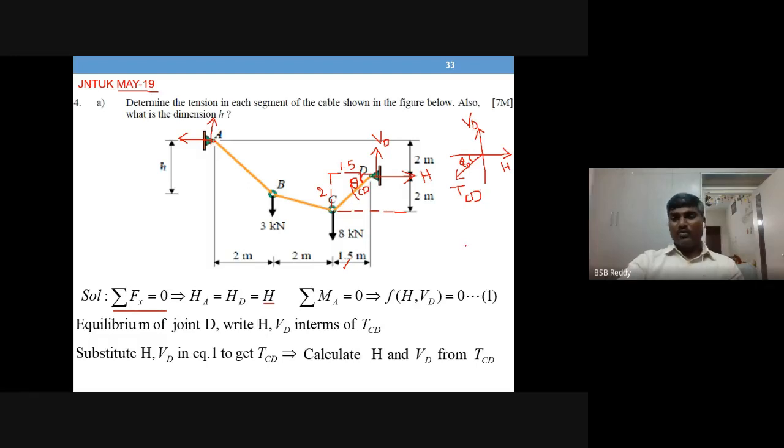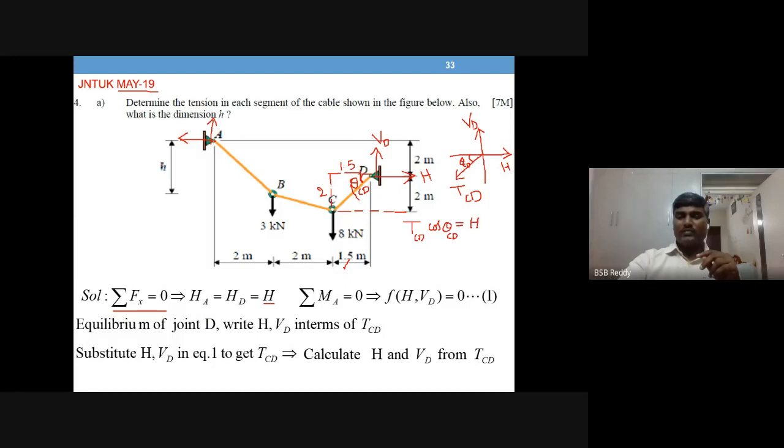Now you have H and VD as unknowns in one equation, the first equation. Now you are trying to create one more equation in terms of H and VD so that you can solve for H and VD. So TCD cos theta CD is equal to H, right?